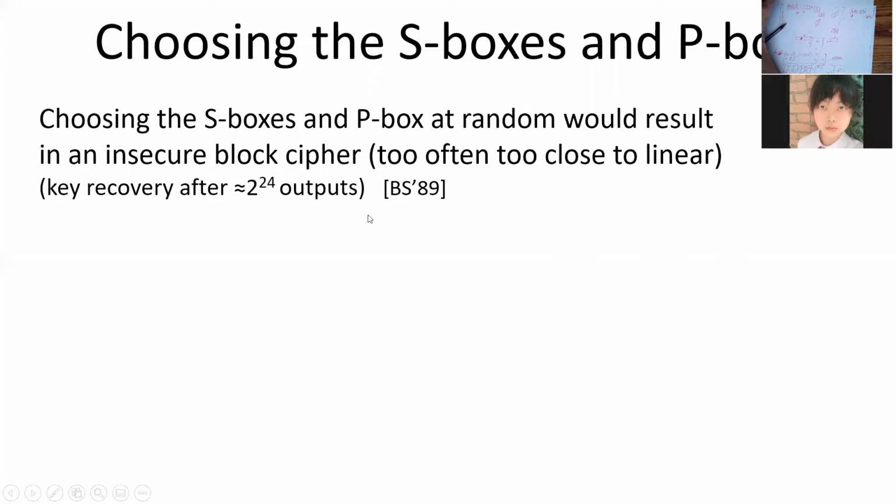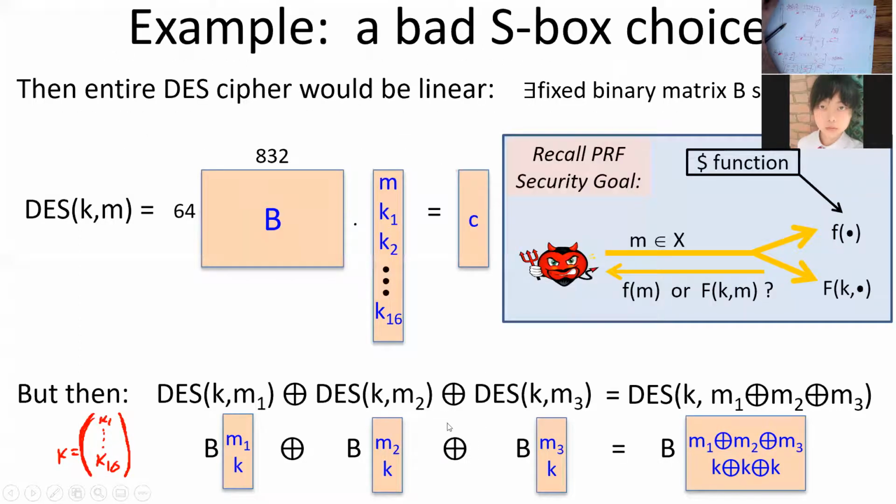Conclusion, they knew of this attack. Indeed, the fact that if this is linear, then this will be broken, is pretty easy to observe.